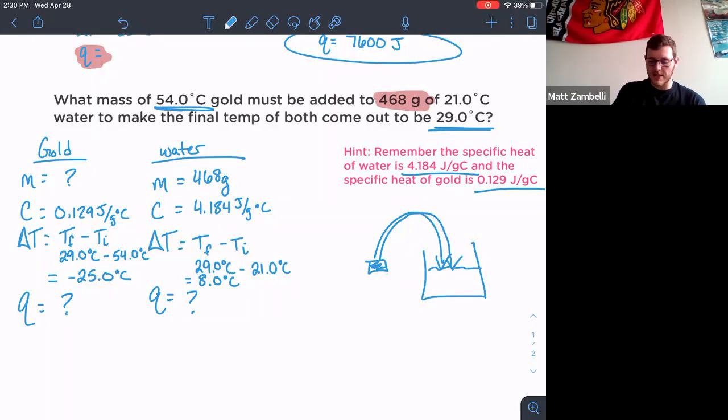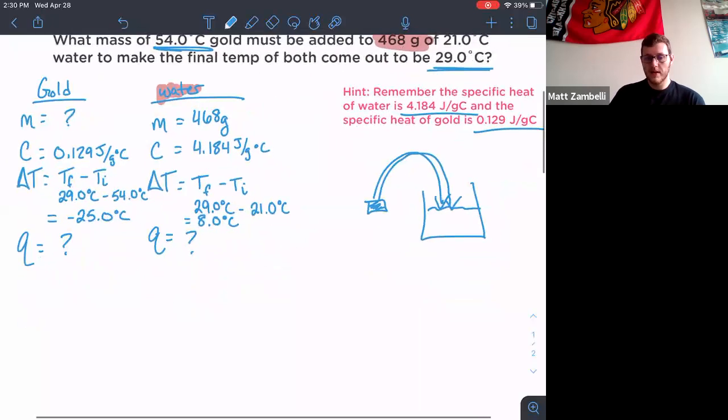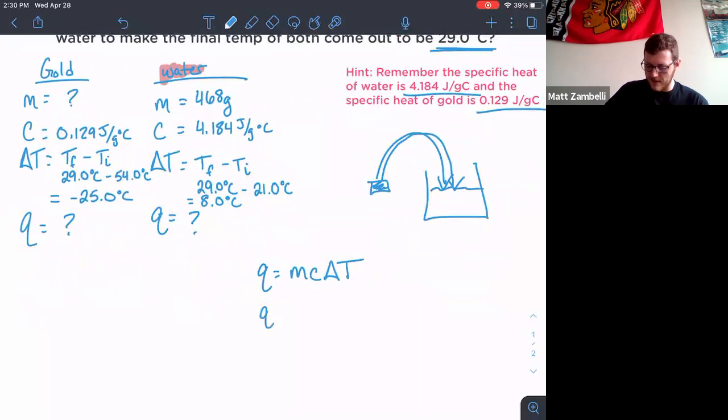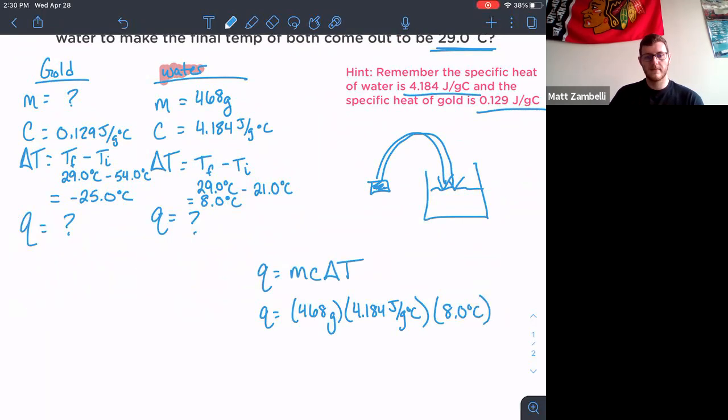Let's start by looking just at water because water only has 1 missing variable. So when we set up our Q equals MC delta T, we have our M, we have our C, we have our delta T. So Q equals 468 grams times 4.184 joules per gram degrees Celsius times our 8 degrees Celsius. All right. We should be able to multiply all 3 of those together to get a Q value.